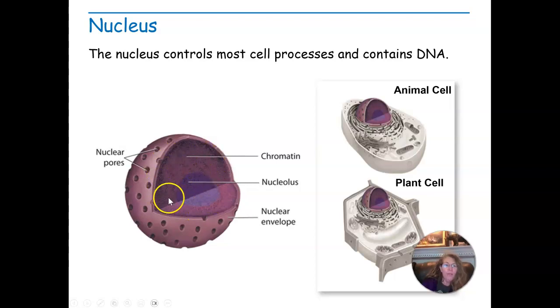It's just one big accumulation of our DNA. When we get to mitosis and meiosis, we'll learn about how the DNA condenses into chromosomes that we can actually visualize with a microscope. So right now, in the chromatin, it's our DNA that's just a whole bunch of gangly strings all meshed up together.